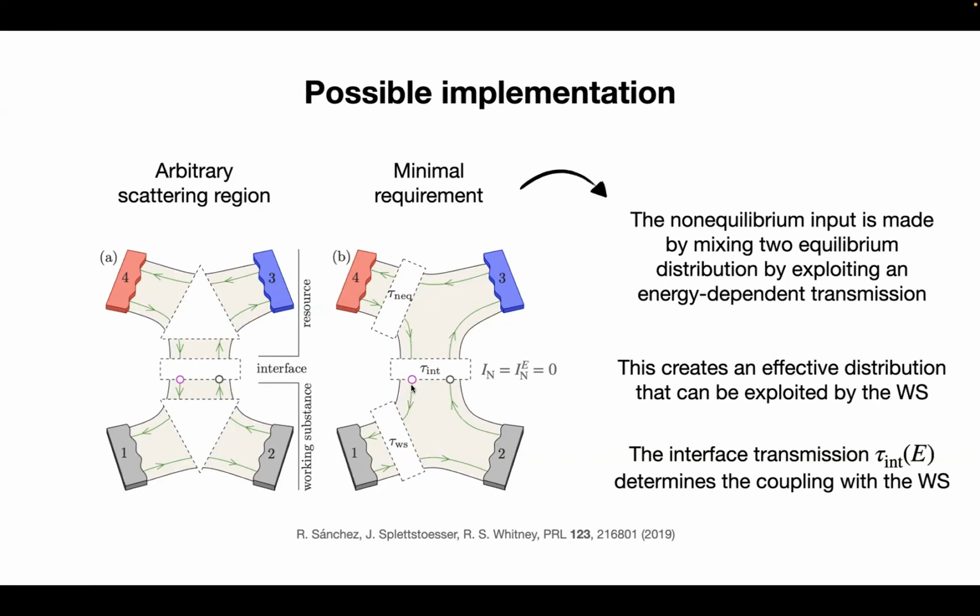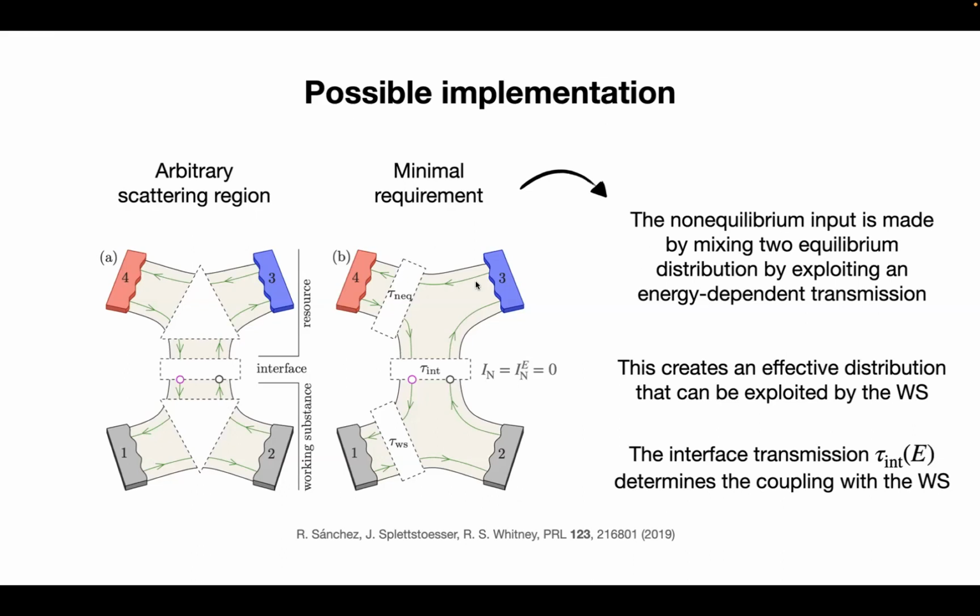So what arrives at this point is like a mixture of 2 thermal distributions, which by itself is non-thermal, because you cannot define a common temperature. So this was just an implementation that Rob, Janine, and Rafa have proposed, and this is based on an electronic system. There is also another one that they propose based on some optical device.